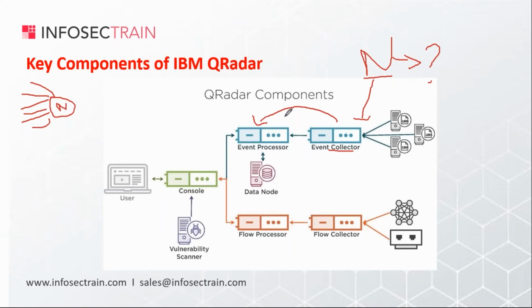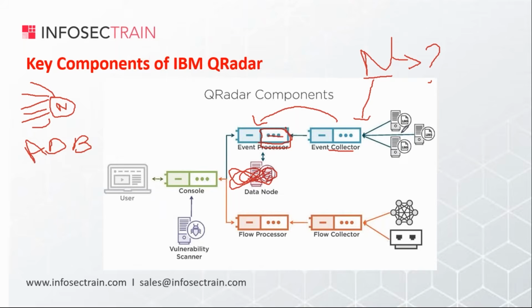Once the processor receives the normalized raw logs from your collector, the very first thing it will do is store the logs into the Ariel database. By default, there is no data node available for storing. So the event processor has the space in which it will have the Ariel database and store the logs.